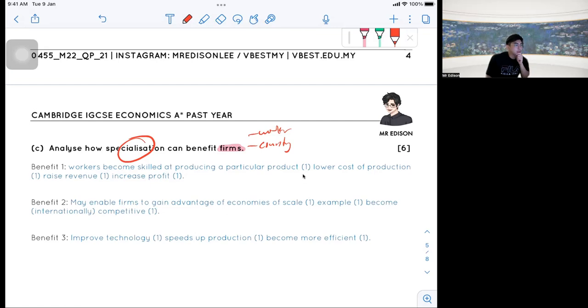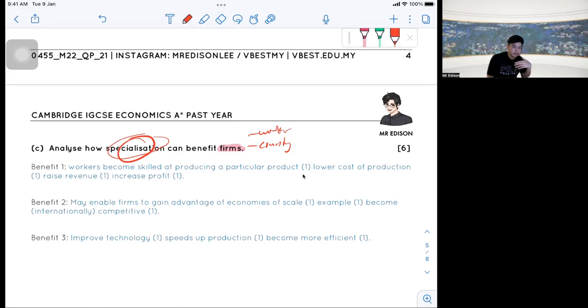The first one here is workers become skilled in producing a particular product, lower cost of production, raise revenue, and raise profit. So now, why? Because when they keep on doing the same thing, specialization means you are doing the same thing over and over again to a point that you are very good, very efficient, and high efficiency links to high productivity, and also means lower cost of production. You think about it.